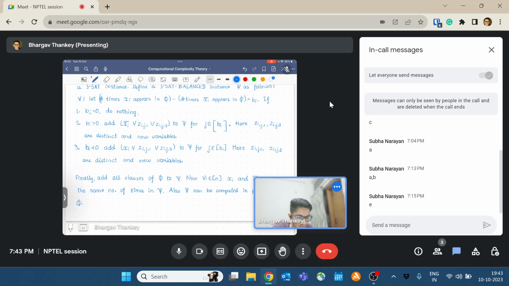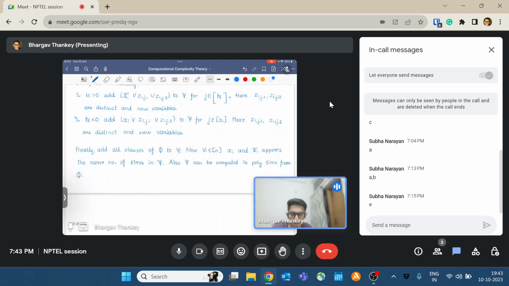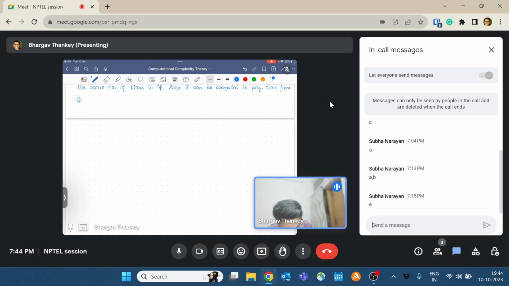Okay. So now, this means that at least this function that reduces phi to psi is a polytime computable function. Now we need to show that this is a valid reduction, right? And for that, what we need to do is show two things.